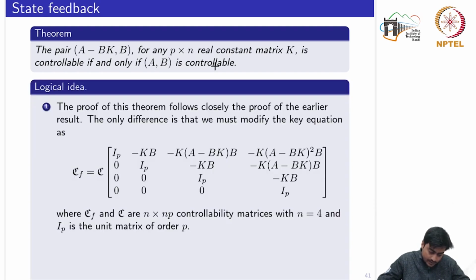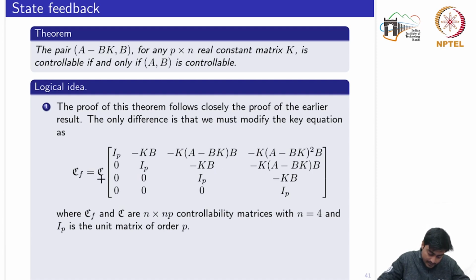If we see a very quick snapshot of the proof of this theorem, the proof would remain almost similar to what we had seen for the single variable case, but for the multivariable case only this matrix would change. If you recall, the controllability matrix of the feedback loop we expressed as equal to the controllability matrix of the plant times some constant matrix.